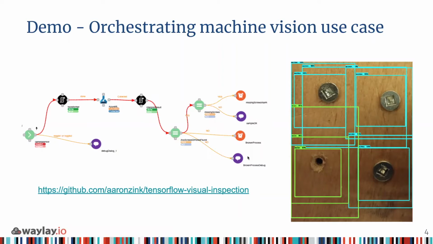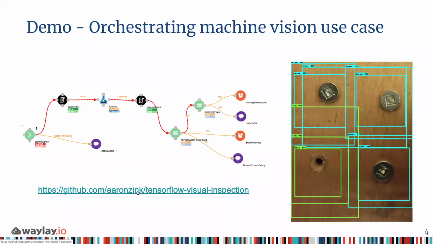For those that are interested in the code that we used to create that algorithm, this is the location where you can find the TensorFlow algorithm that we've trained on Azure ML and also hosted on Azure ML.